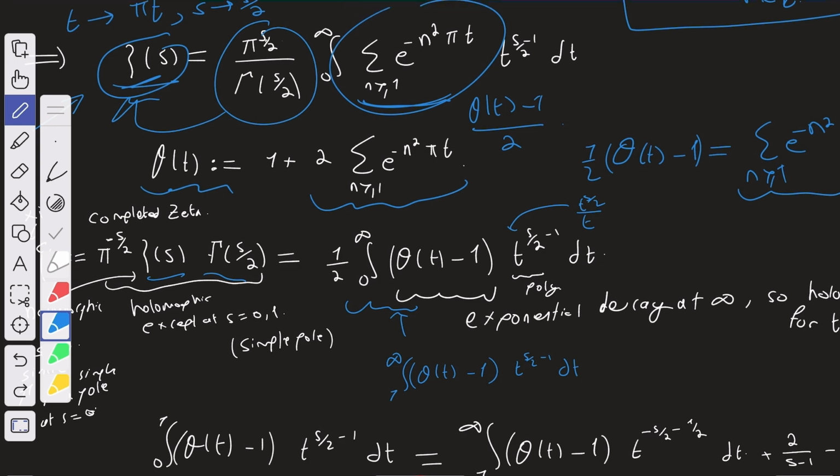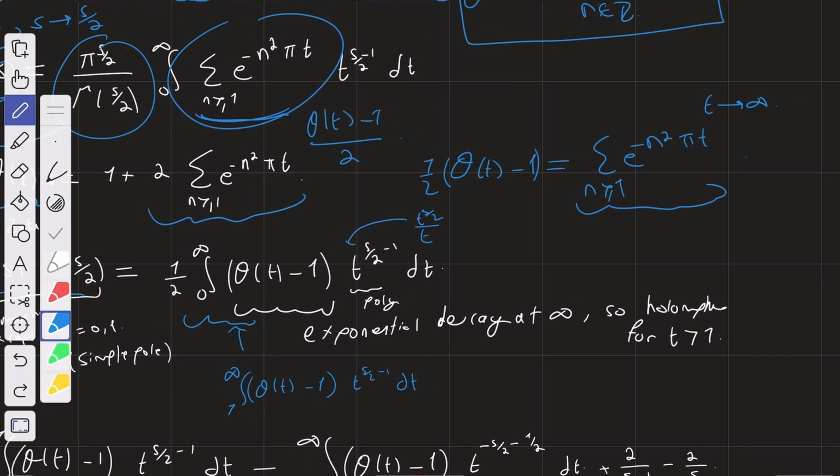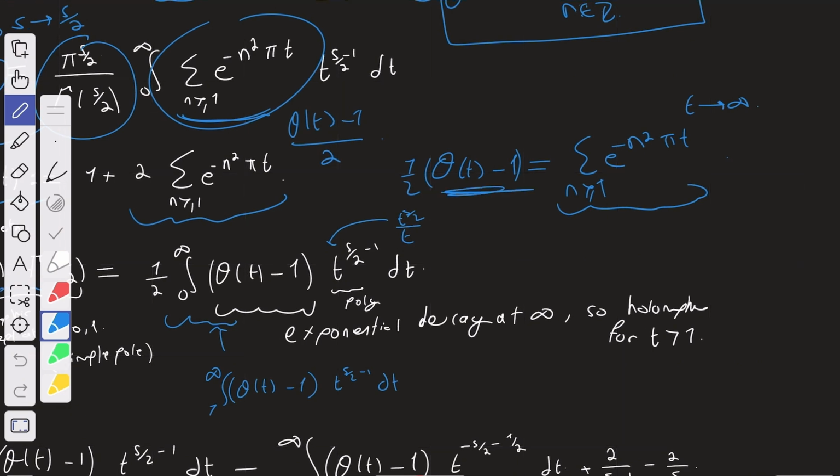So here's where the niceness of the theta function comes into play. I remind you, this function is equal to this sum, and it has a nice decay as t goes to infinity.